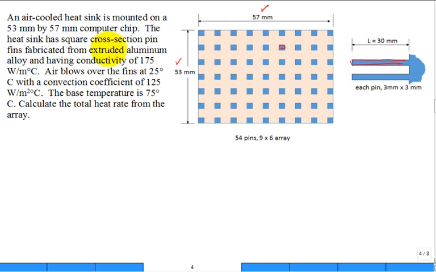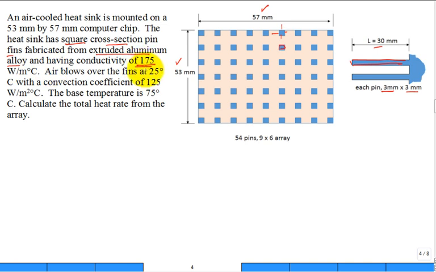So the square cross-section pin fins each are 3 millimeter by 3 millimeter, this dimension here by that dimension, and they are 30 millimeters long. They're fabricated from extruded aluminum alloy having a thermal conductivity of 175 watts per meter degree C.